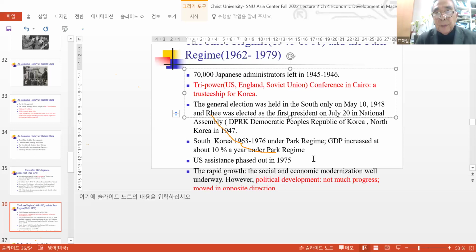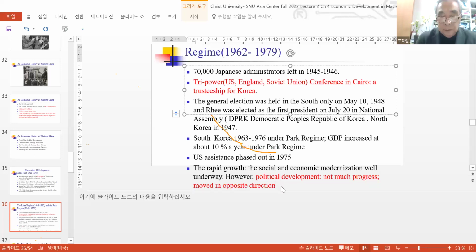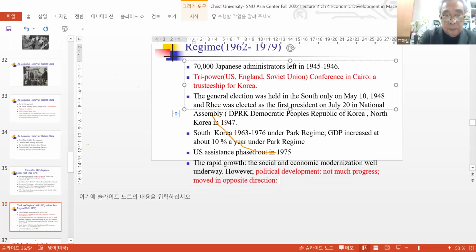Park regime became authoritarian. Dictatorship.